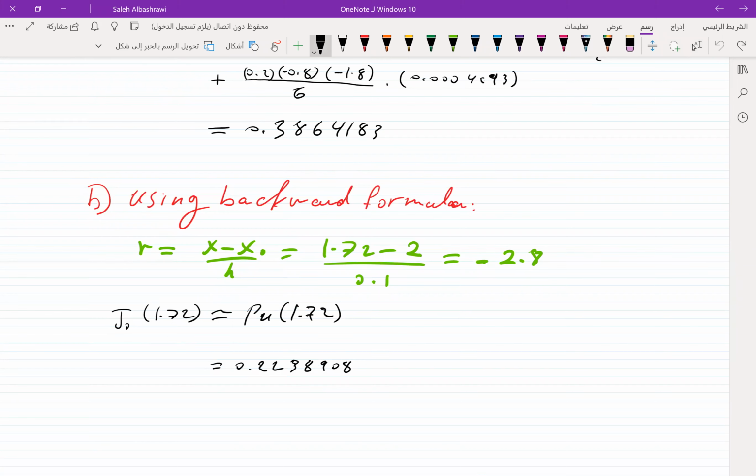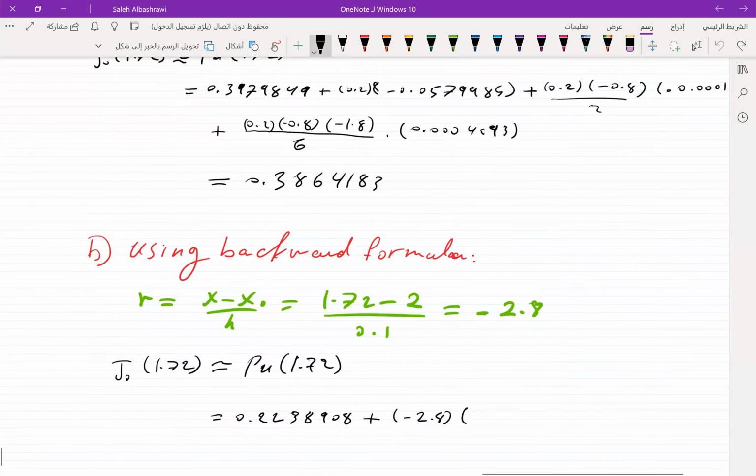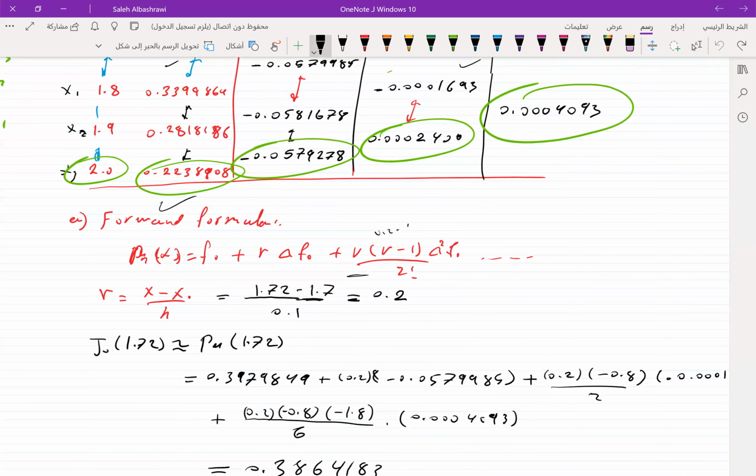Plus first r, it is minus 2.8 multiplied by f sub 1, or the first difference, but I'm using the last one, is this one.